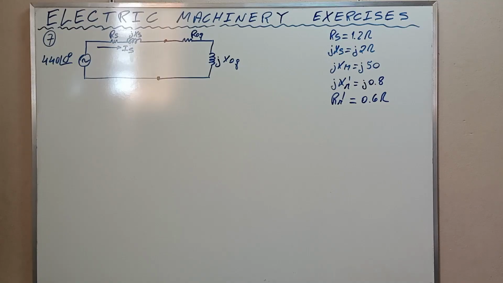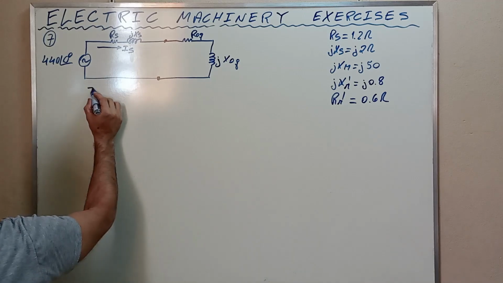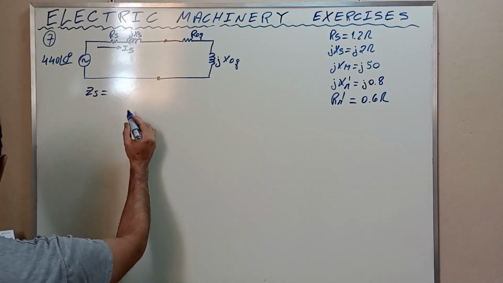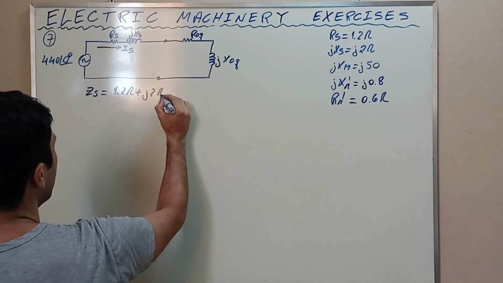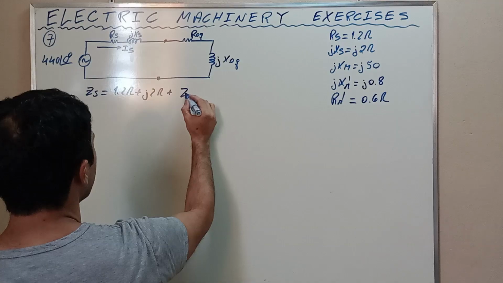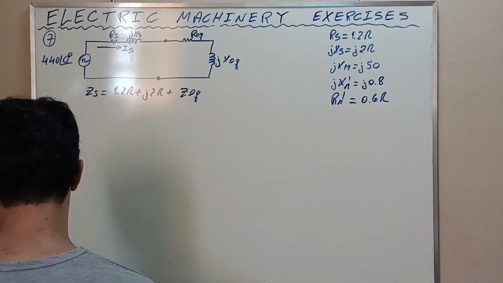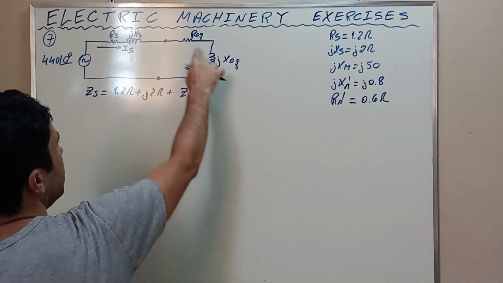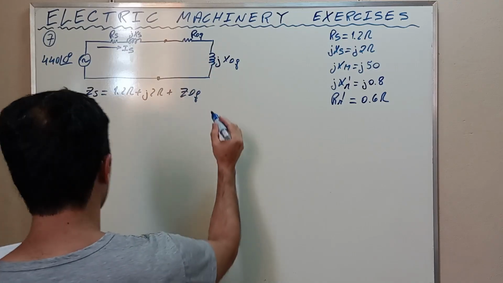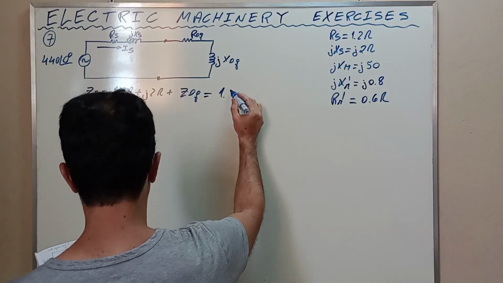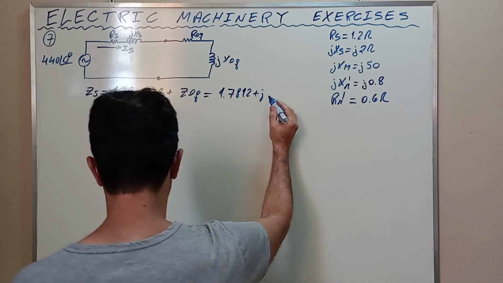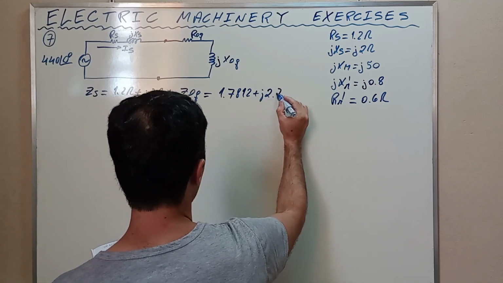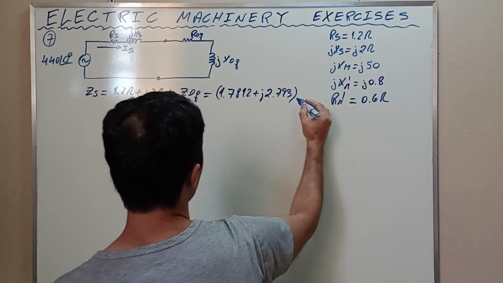Let's calculate the impedance seen by the source. It is going to be equal to 1.2 ohms plus j2 ohms plus the equivalent impedance, the combination of these two, and we find that it is equal to 1.7812 plus j2.793 ohms.